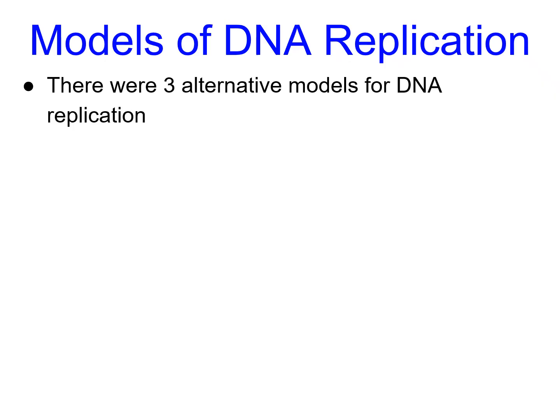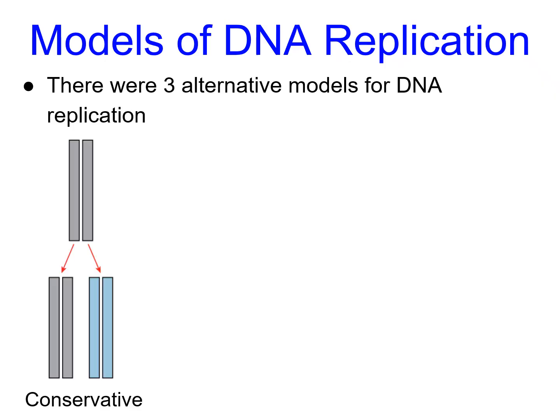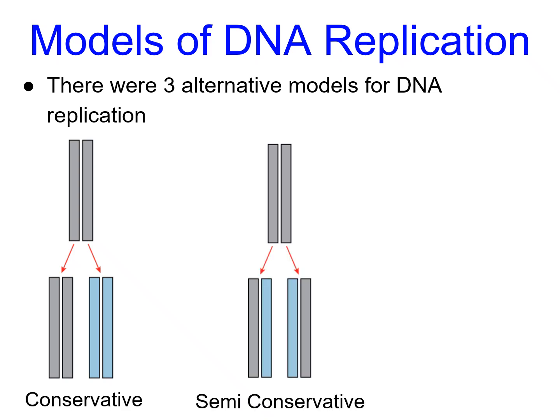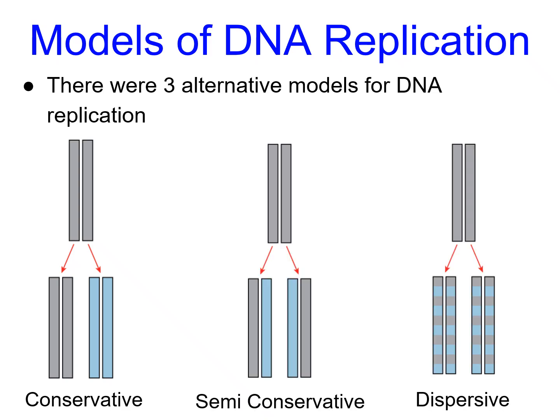Scientists were competing to propose ideas as to how DNA replicates itself. There were three hypothetical models proposed: the conservative model, the semi-conservative model, and the dispersive model.